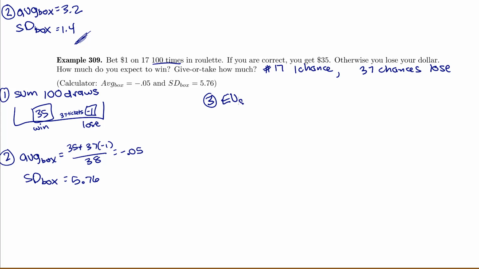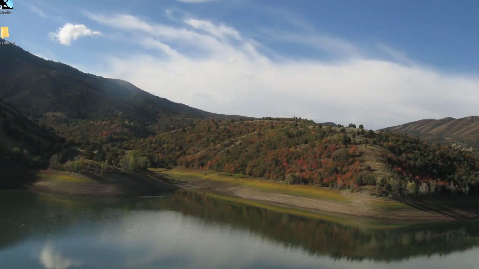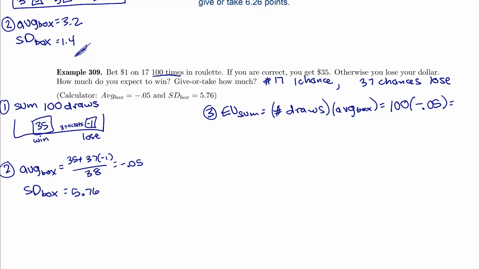So step 3, the expected value of the sum is the number of draws times the average of the box. So 100 times the average of -0.05 gives me -$5. The standard error of the sum equals the square root of the number of draws times the standard deviation of the box.